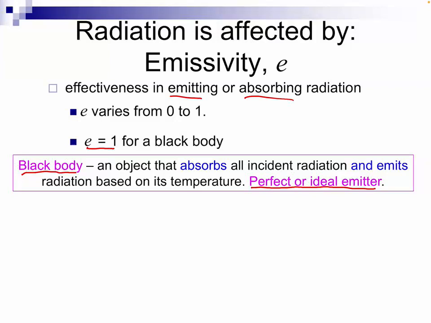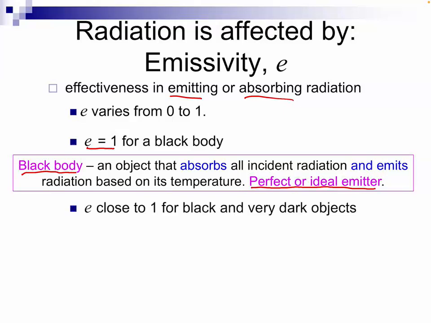Incidentally, dark objects have emissivities close to 1, and hence the term black body. Black body just refers to a perfect emitter or absorber. So black and very dark objects have emissivity close to 1.